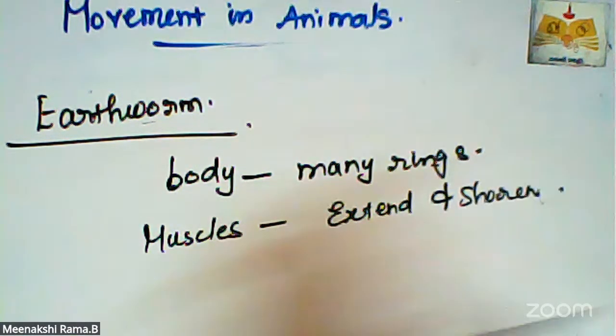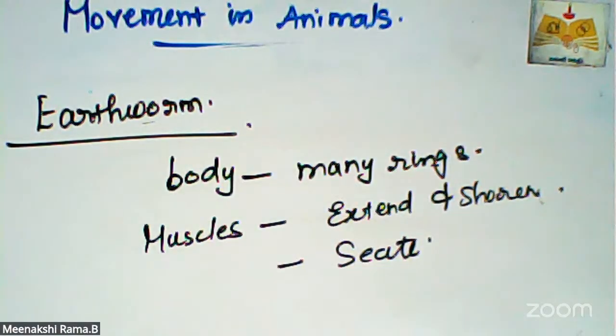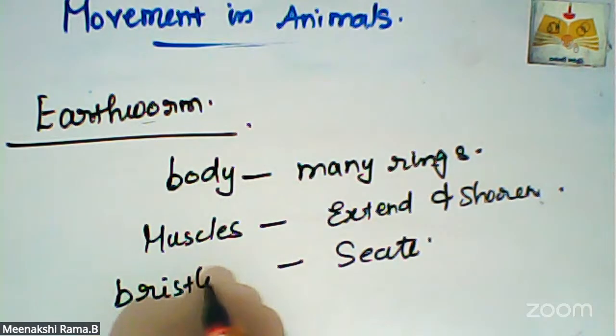And next, the body has a large number of bristles called chaetae. What do chaetae mean? Bristles. Some bristles are present in their body, called chaetae, which are connected with their muscles also.